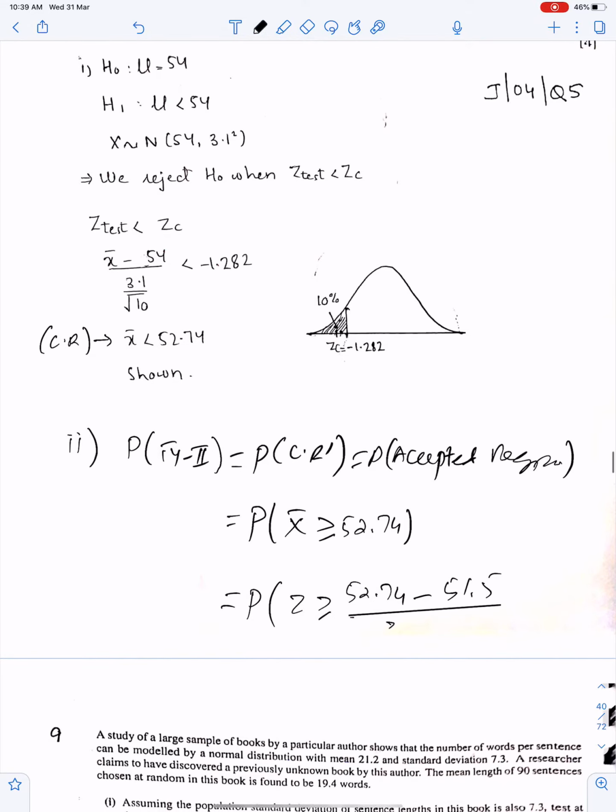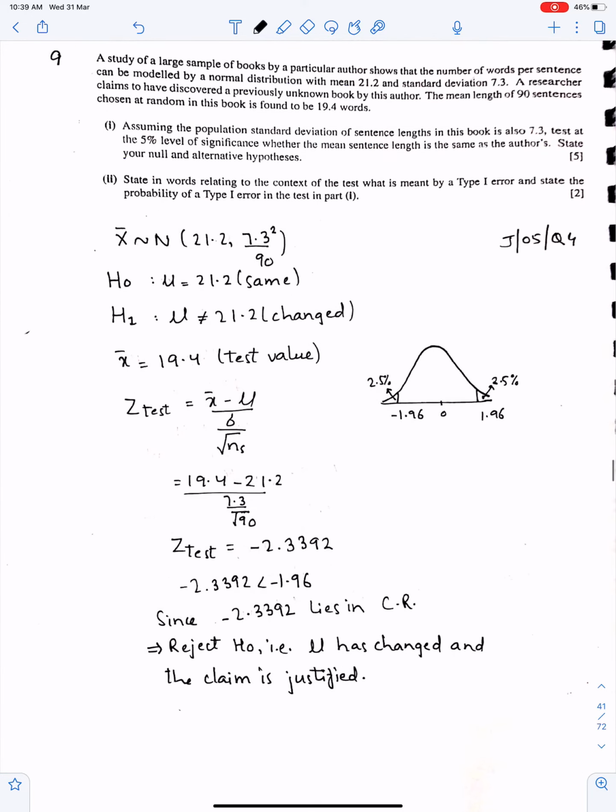This is 3.1 over root 10. You can do this yourself. You just need to evaluate this. Next question.